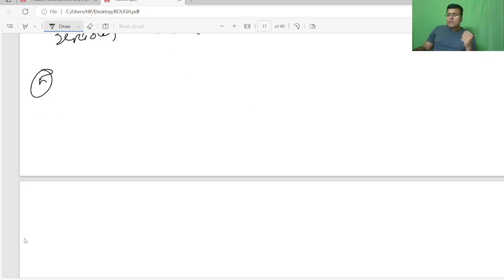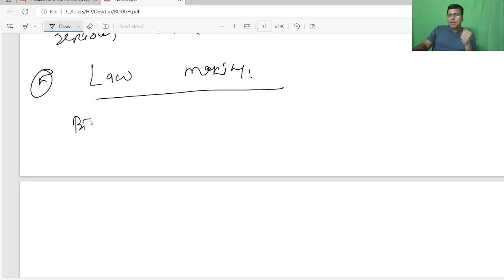Another means through which the legislator makes administration accountable is law making. A bill, when passed by Parliament or SLA, becomes law.